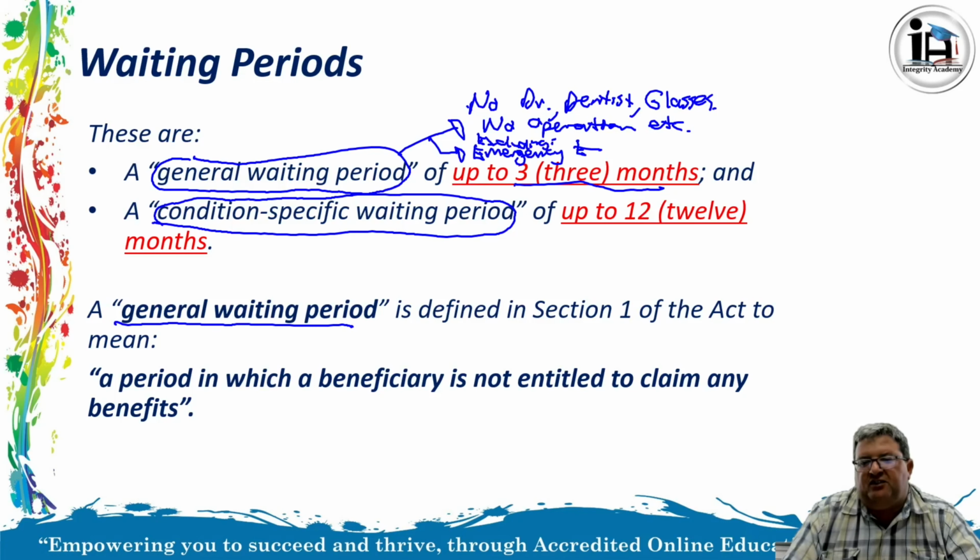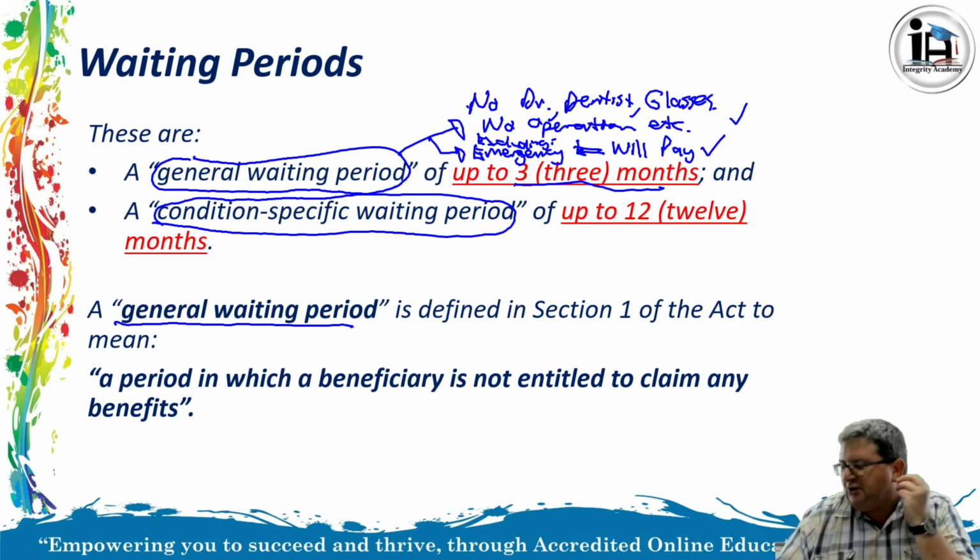So in other words, if you're in a car accident and you need to be operated on, they will pay if it's an emergency. But if you just want to do an operation because you want to make your lips bigger or your ears shorter or your nose smaller, no, then you have to wait.